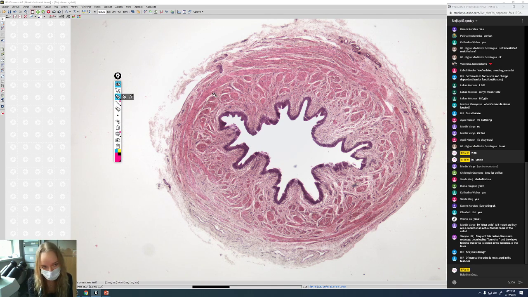So this is the whole cross section, and you can see some lumen on the inside, and there is of course some mucosa with epithelium and smooth muscle cells around, and loose connective tissue all around the ureter, and that is of course adventitia. Because we know ureter isn't located in the abdominal cavity, so adventitia is on its surface.